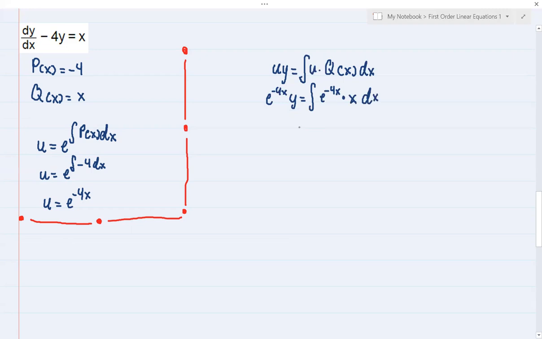Okay? So by simplifying the equation, we will have y times e raised to negative 4x is equal to the integral of x times e raised to negative 4x.